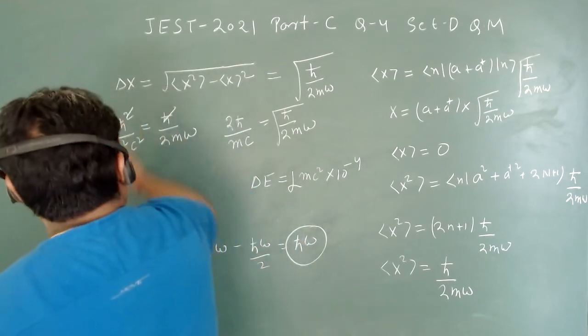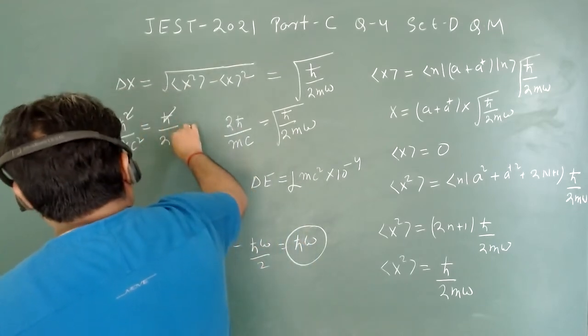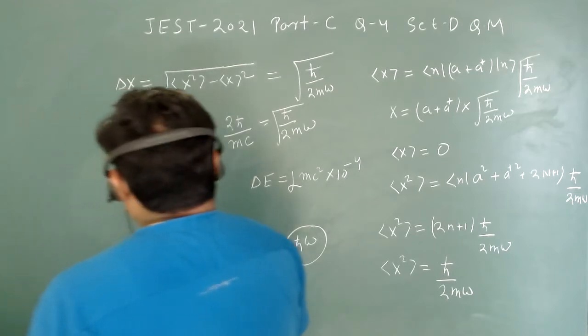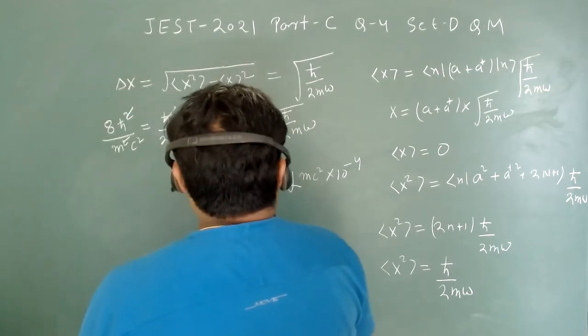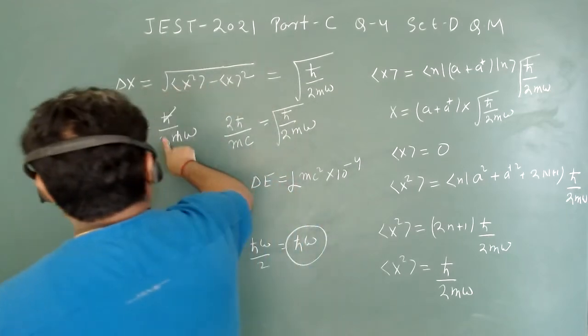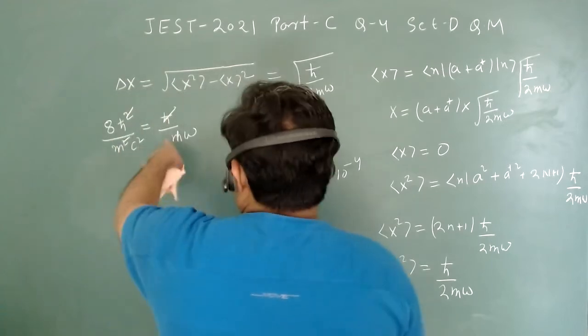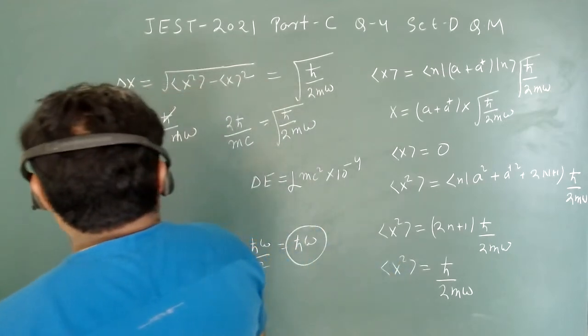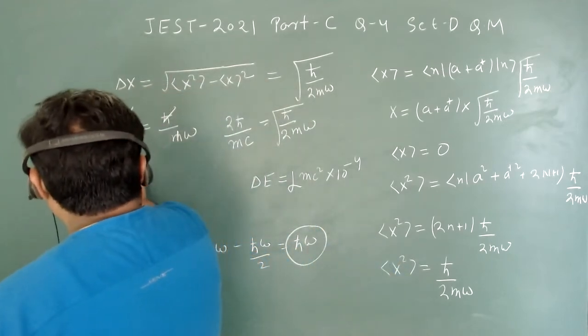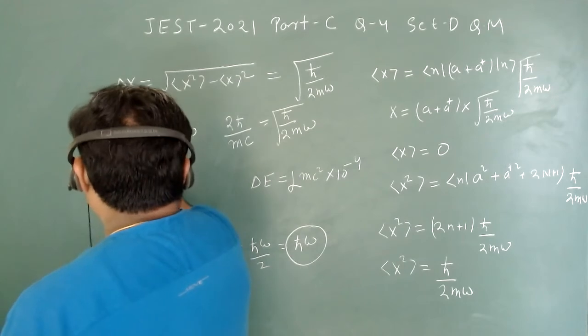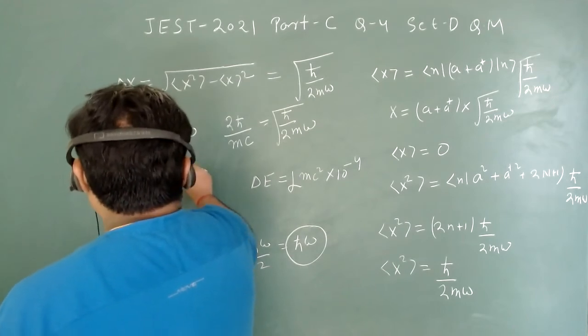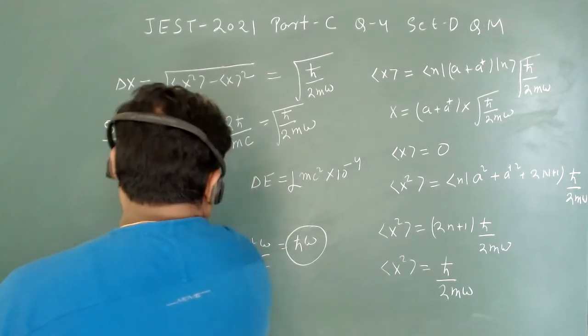One h cut is gone, one m and one m are gone, and 4 into 2 is 8, so we have h cut omega equal to mc square by 8.